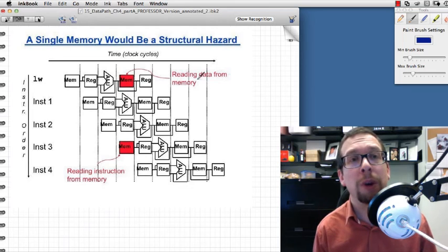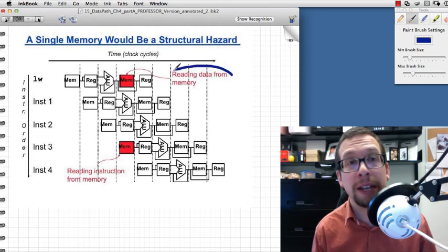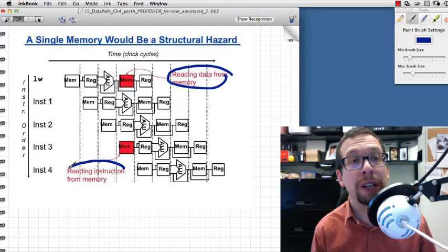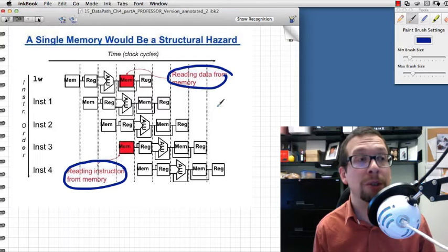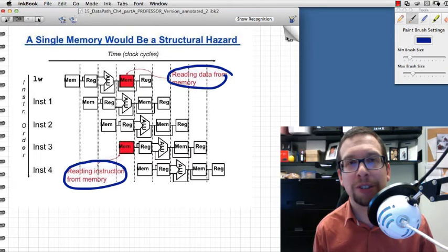If you are trying to read data from memory and read instructions from memory at the same time, and your controller for memory or your two separate memory chips can't account for that, then effectively you've got a conflict over resource access, and that's a bad thing. That's a structural hazard.